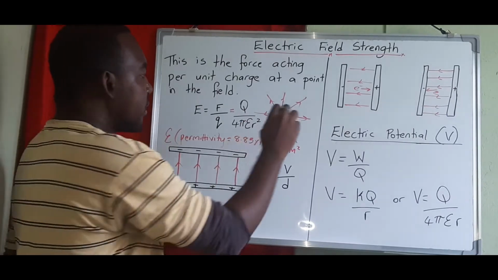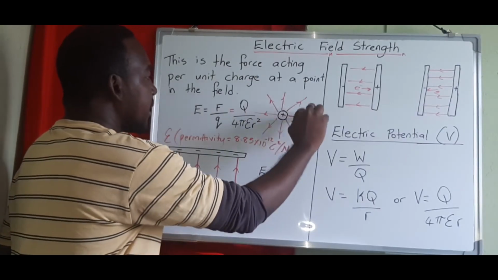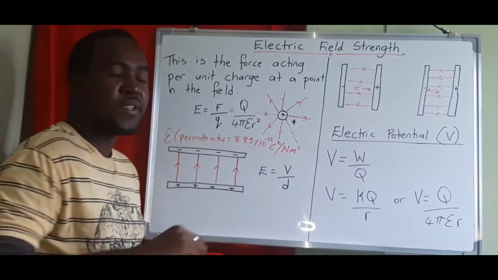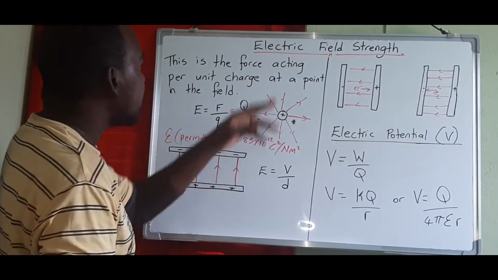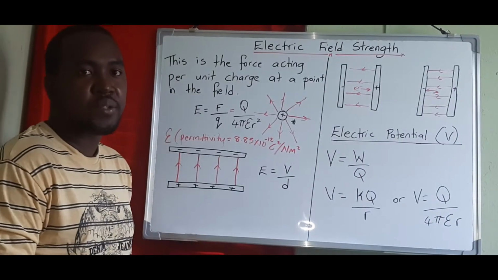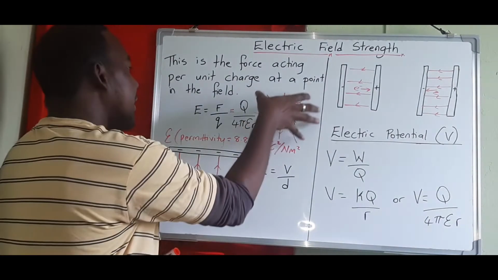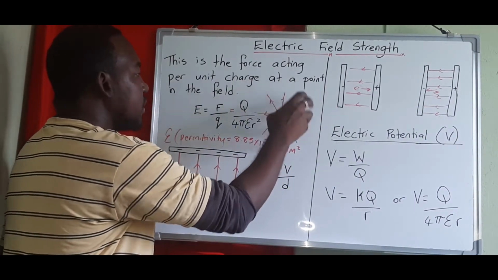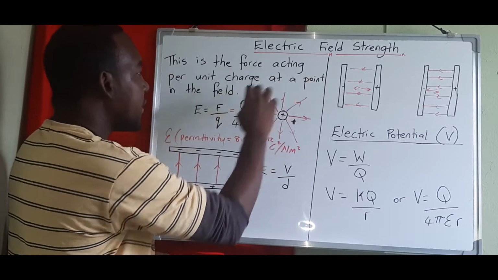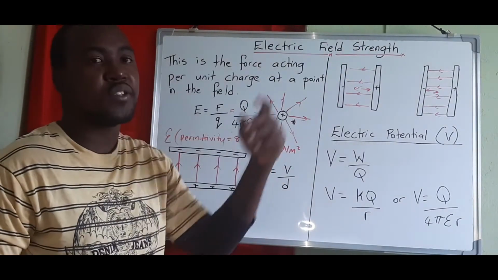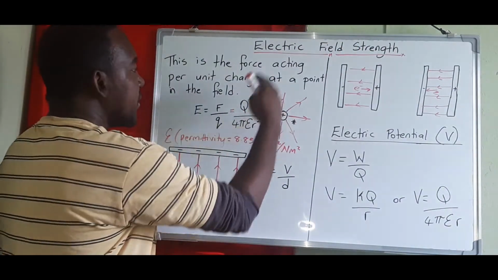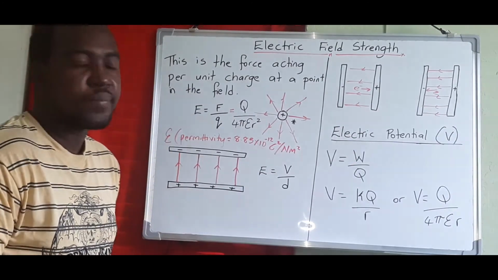So once you have a charge inside another electric field, the force that it feels is known as the electric field strength, and it has to be within the field lines. Once it goes outside of the field lines, there is no electric field strength there because the force is not felt beyond that point.